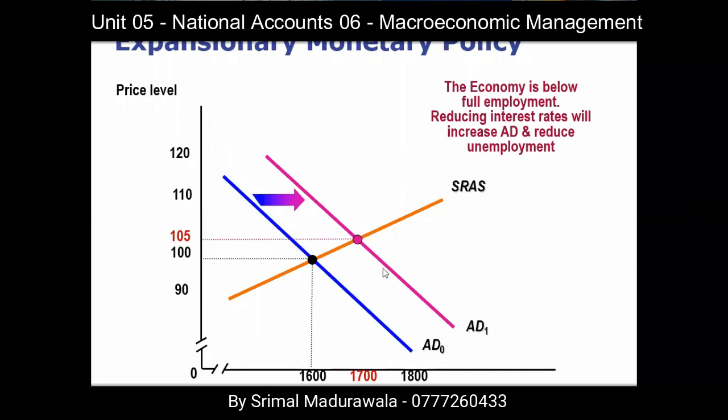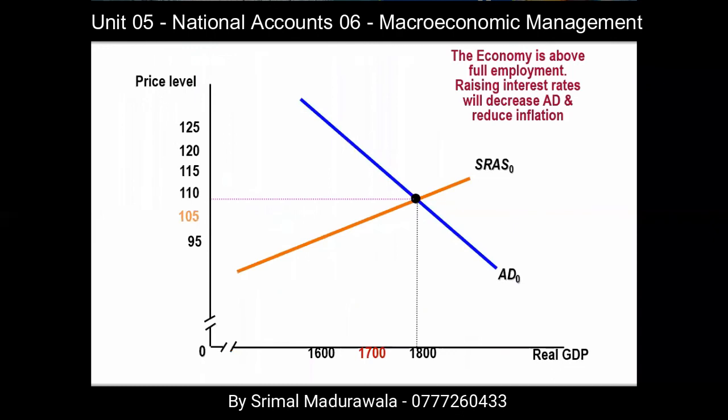But in a situation where there are high price levels, expansionary monetary policy is not accepted at all. If the price levels are high or inflation is too high, the government should find a way to control the prices. At that time, government should go for a contractionary monetary policy. In contractionary monetary policy, what happens is government reduces the money supply.